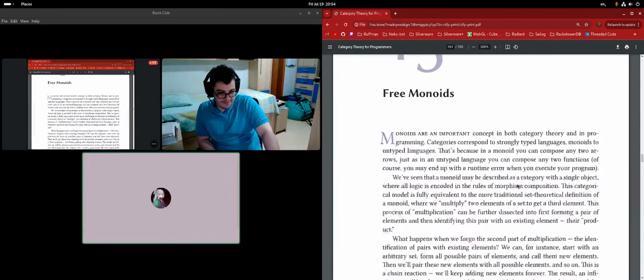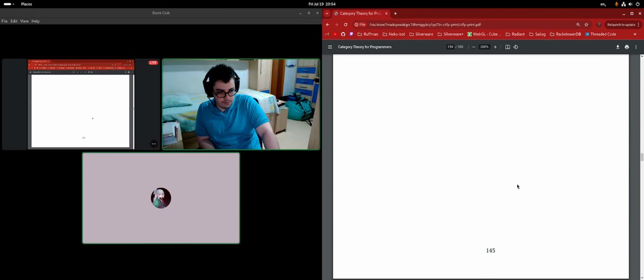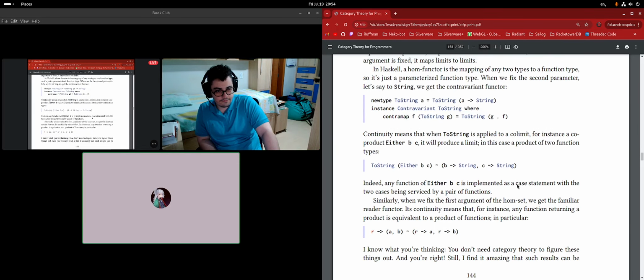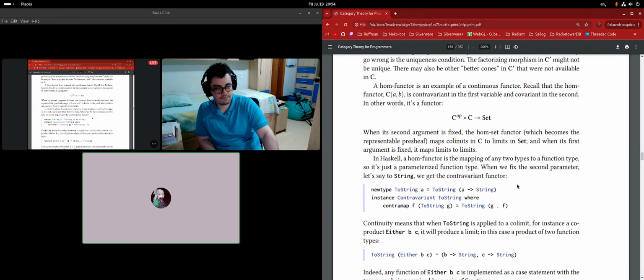The home functor. Mapping takes a pair of objects A and B and assigns to it the set of morphisms between them. The home set C from A to B is a functor. Oh, right, it's basically the combination of the reader and the op. The examples for flow and contravariance.